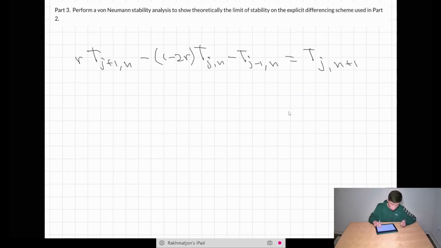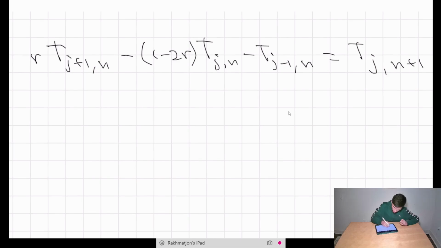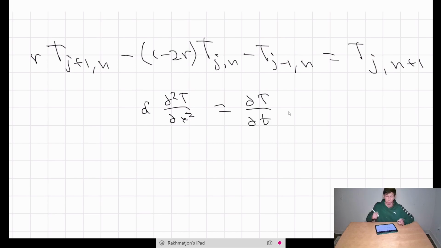We also know that the equation we were using was alpha times the second derivative of temperature with respect to x is equal to the first derivative of temperature with respect to time, right?